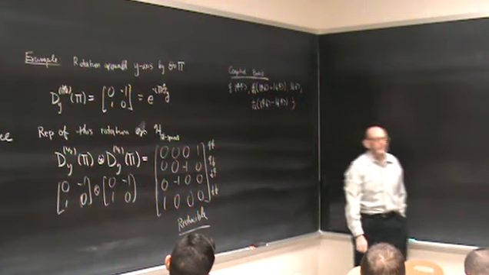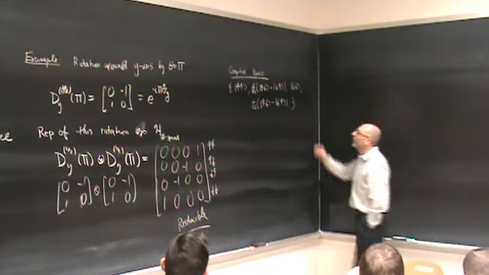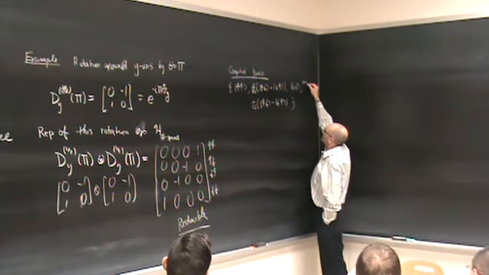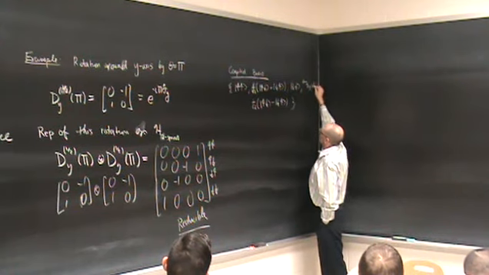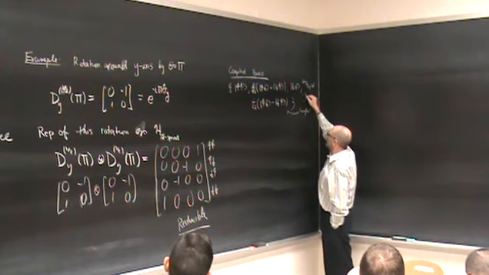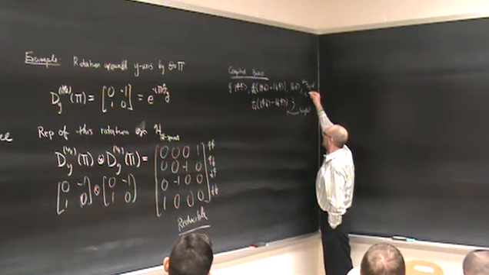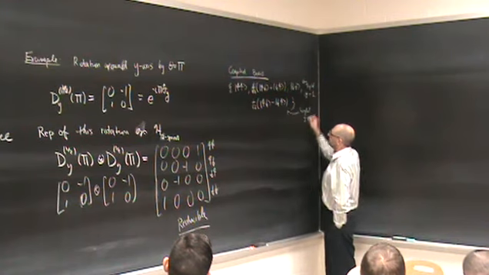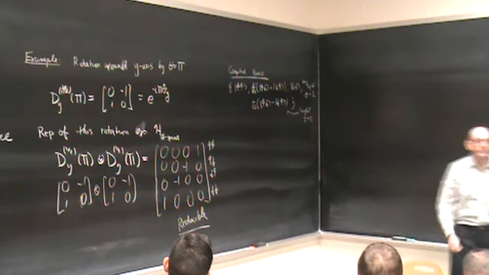Okay, that's another basis. It is, of course, the basis of triplet and singlet, which is the basis of total angular momentum, j equals 1 and j equals 0. Right?